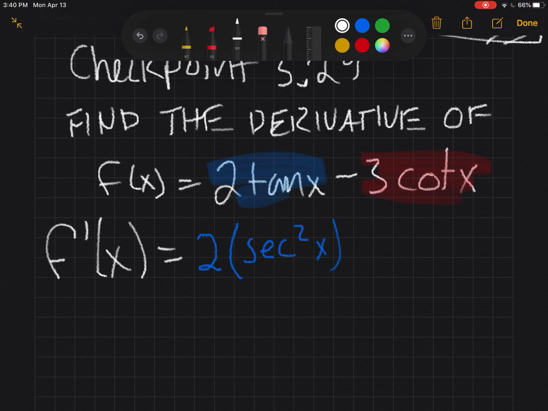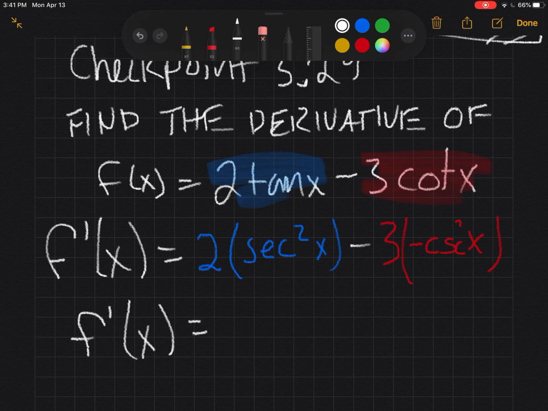So for the term in blue, I'm going to have 2 times whatever the derivative of tangent of x is, which hopefully we remember, we've written on our hearts that the derivative of tangent of x is secant squared of x. Then I'll subtract the derivative of the function in red, which will be 3 multiplied by whatever the derivative of cotangent of x is, which may be written on your hearts as negative cosecant squared of x.